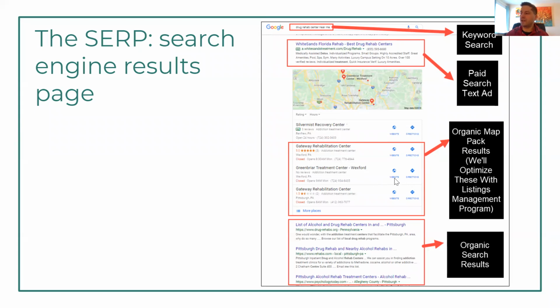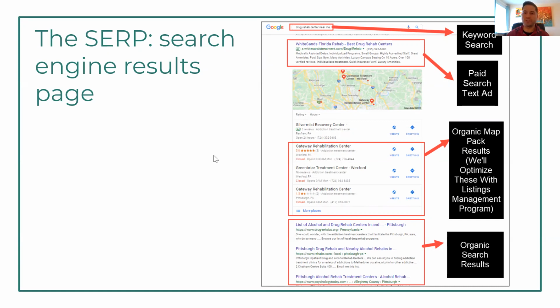And this is something I'll mention in the SEO section as well, that you can optimize with what they would call either local SEO or a listings management program, where if you optimize your Google My Business, as well as listings within programs such as SEMrush and things like that, that helps you optimize the results you get within the map pack.